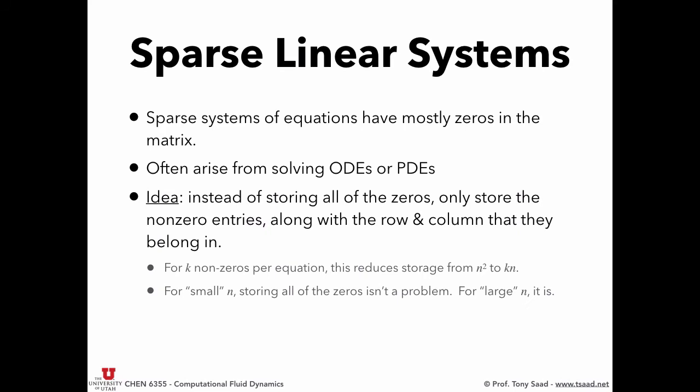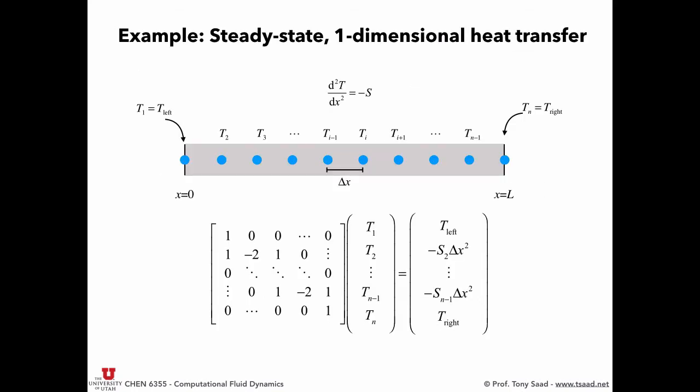And the idea behind sparse linear systems is that you don't have to store the entire matrix, because if you store it, it's going to be really expensive. We're going to show you some numbers in a second. And the classic sparse matrix system we solved was a simple 1D heat diffusion problem. If you take this to 2D, you're going to get 2 more non-zero diagonals. And if you take this to 3D, you're going to have an additional 2 more for a total of 7 non-zero diagonals, okay?